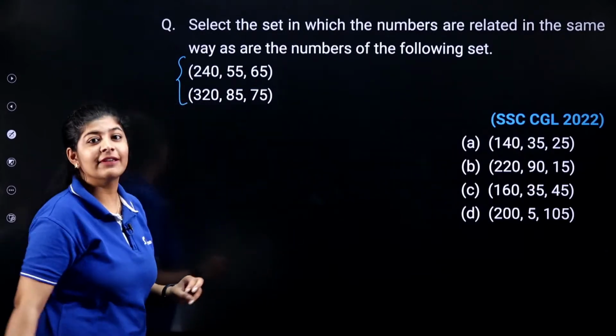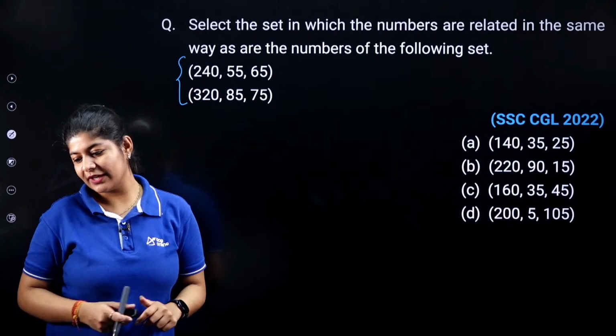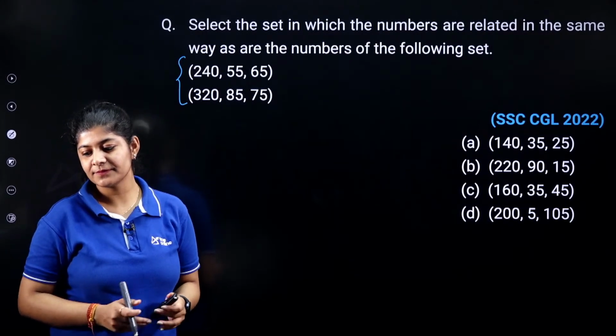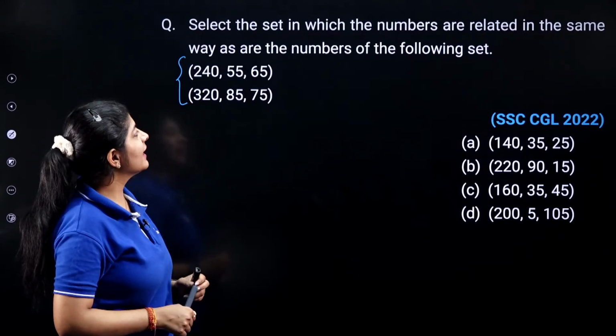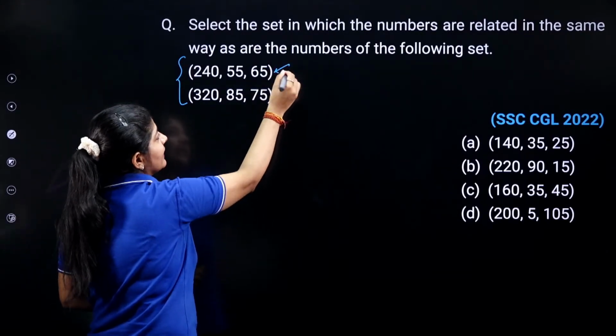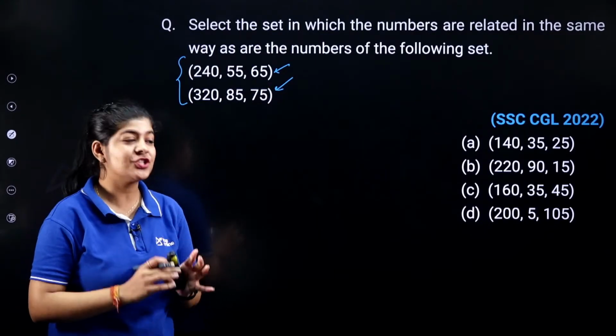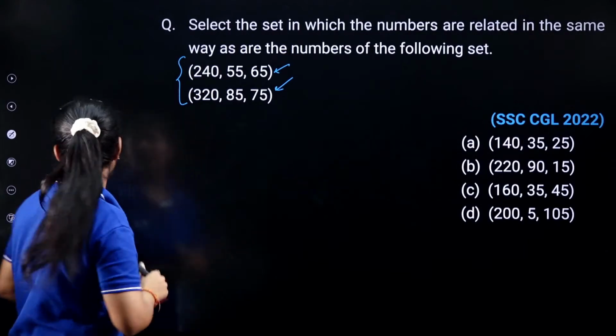So here we are having numbers, so start playing with the numbers. A very good evening, Harshita. What is the correct answer we are getting? First, you need to work with these sets, set number 1 and set number 2, and accordingly check the same pattern with the given options.